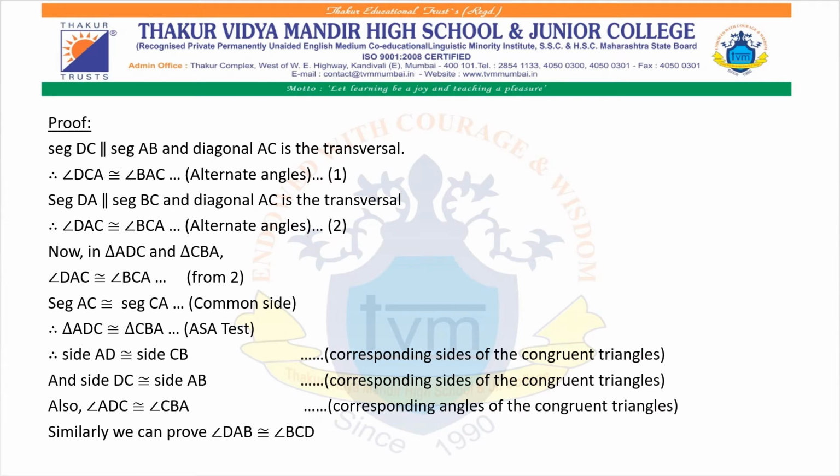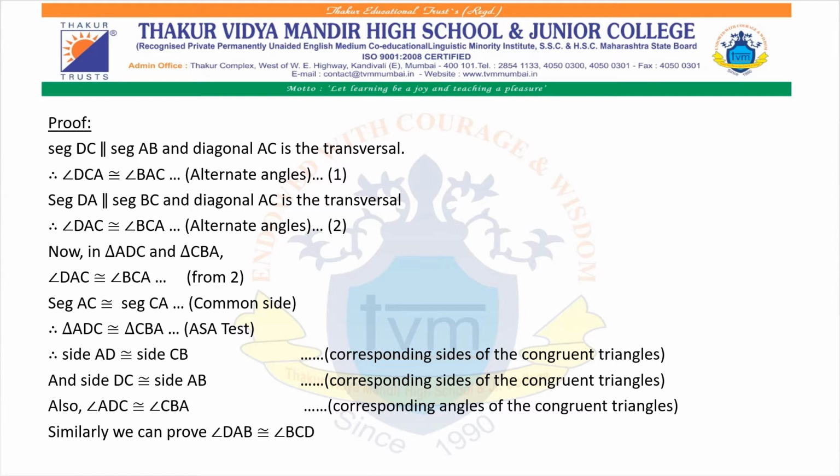Proof. Seg DC parallel to seg AB and diagonal AC is the transversal. Therefore, angle DCA congruent to angle BAC, alternate angles. Seg DA parallel to seg BC and diagonal AC is the transversal.